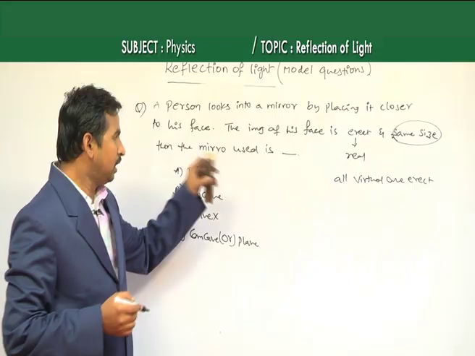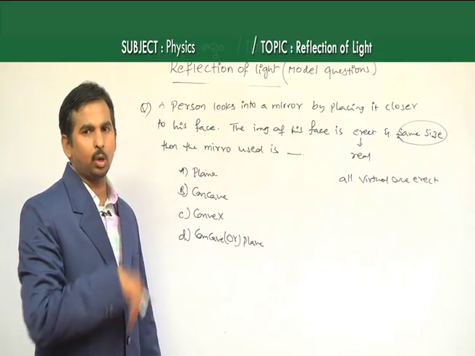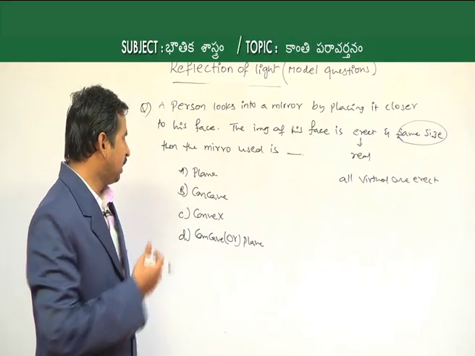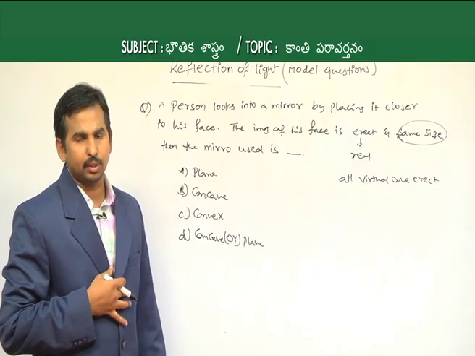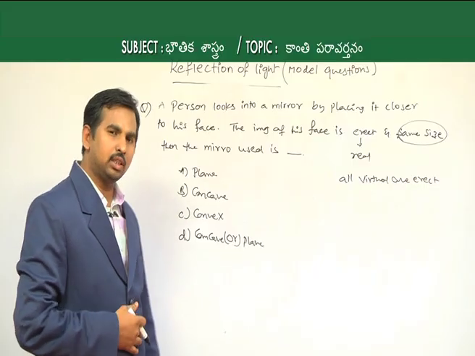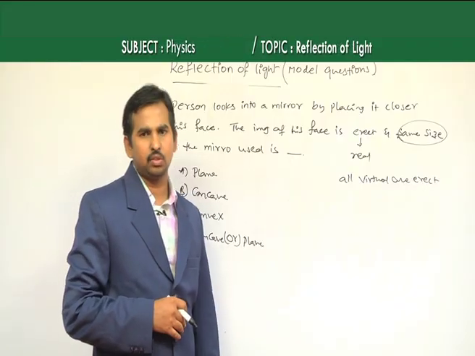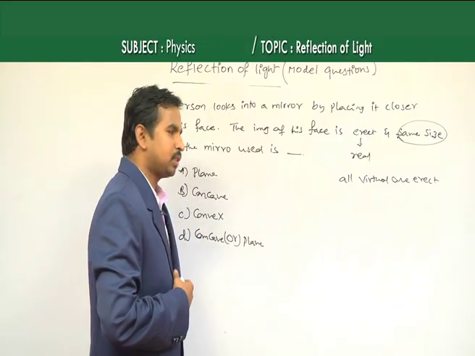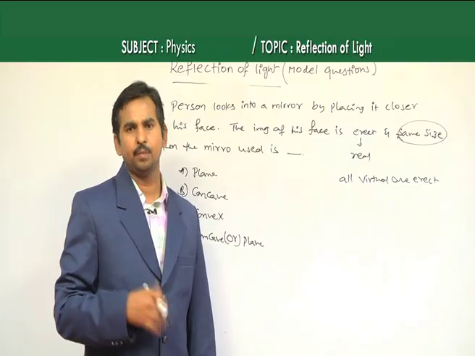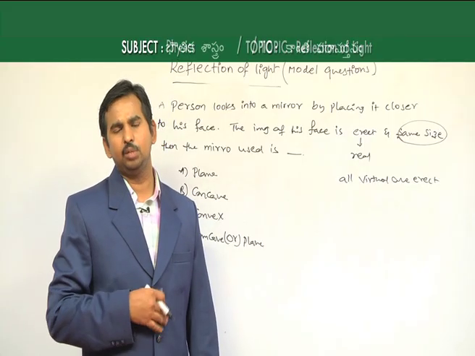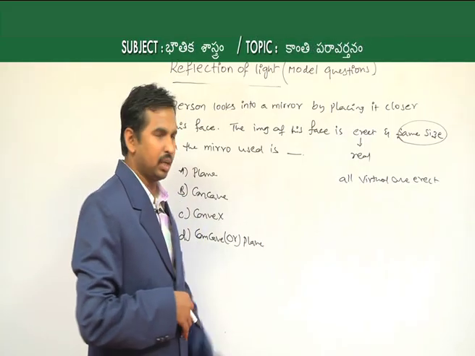So in that case the option will change and we can use convex or concave as the other options. Whereas, we know the image characteristics of a convex mirror: it always forms a virtual, erect and diminished image.